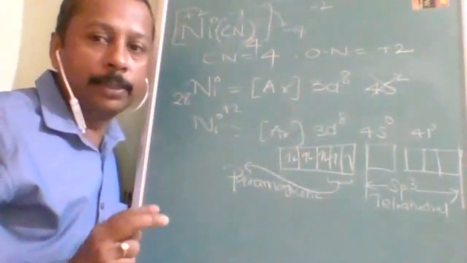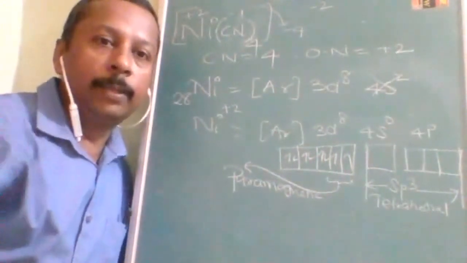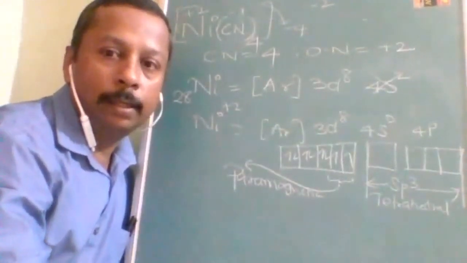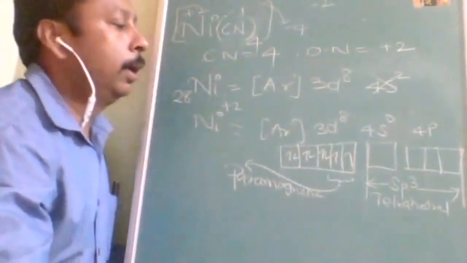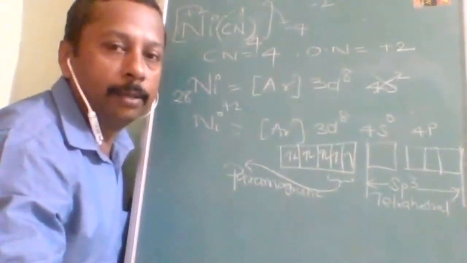This is the second example I am taking. NiCl4 I have explained. What will be the hybridization? It will be sp3 only. But now I'm talking about the strong field ligand.